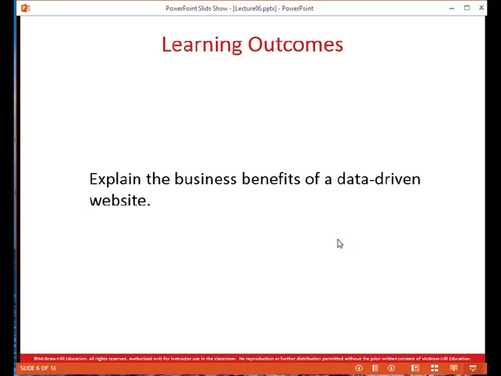The chapter also explained the business benefits of a data-driven website. A data-driven website is an interactive website kept constantly updated and relevant to the needs of its customers, and the customers will be using a database.